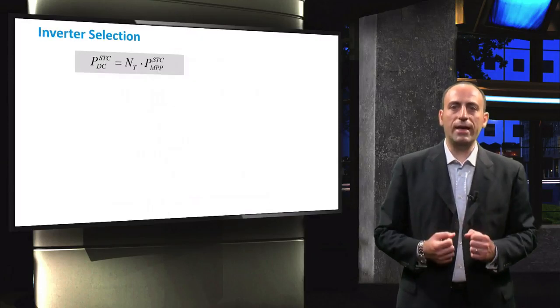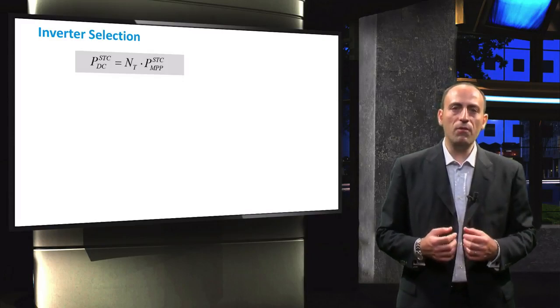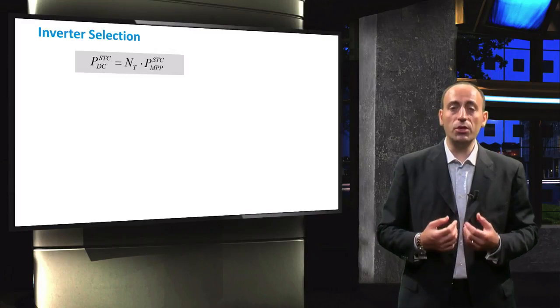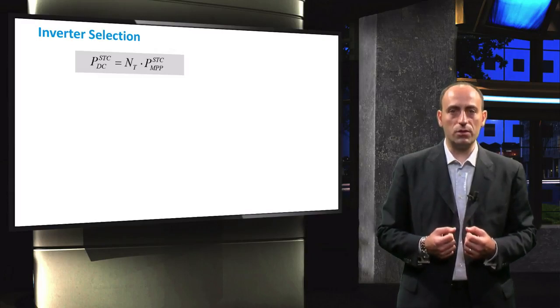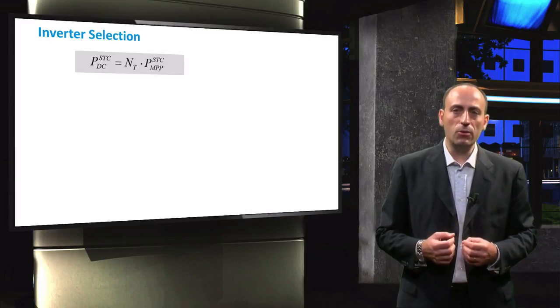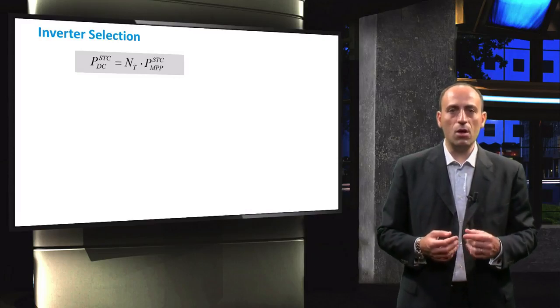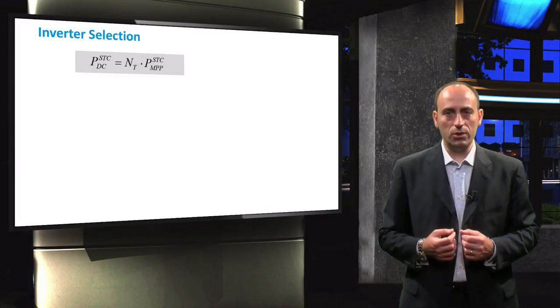For calculating the AC yield, a suitable inverter must be chosen. For the inverter selection, the PV modules are assumed to be operational under the standard test conditions, delivering maximum DC power output. This output is a product of the total number of PV modules and the nominal power output of a single module, which can be found in the module datasheet.